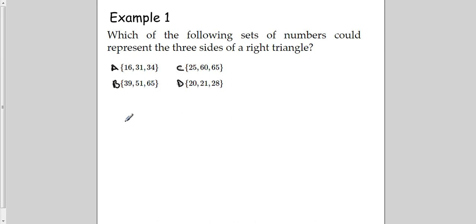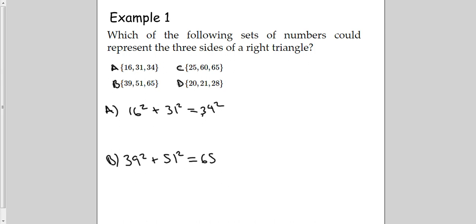So for choice A, 16 squared plus 31 squared, does it equal 34 squared? We got to check. For choice B, 39 squared plus 51 squared, does it equal 65 squared? We got to check, right? I'll put a question mark for each of these.